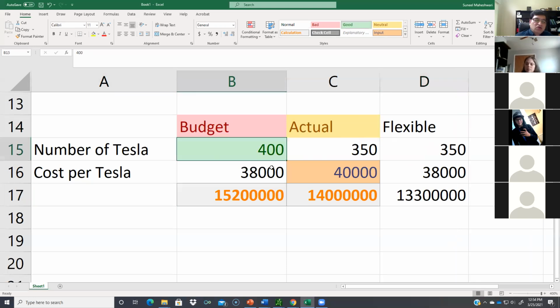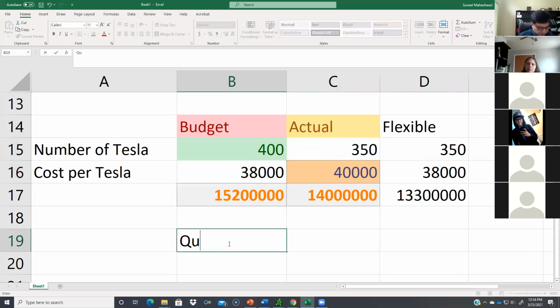Now, the reason why you had this confusion was because one, the quantity was different, right? And the second, the cost per unit was different. So if you think about the difference between these two items, that is 15,214 million, which is a difference of about 1,200,000.